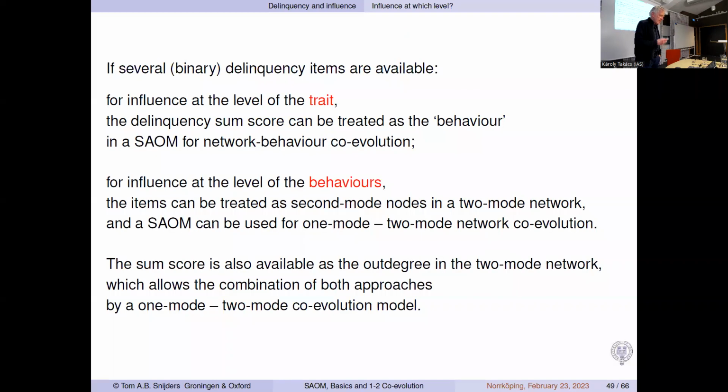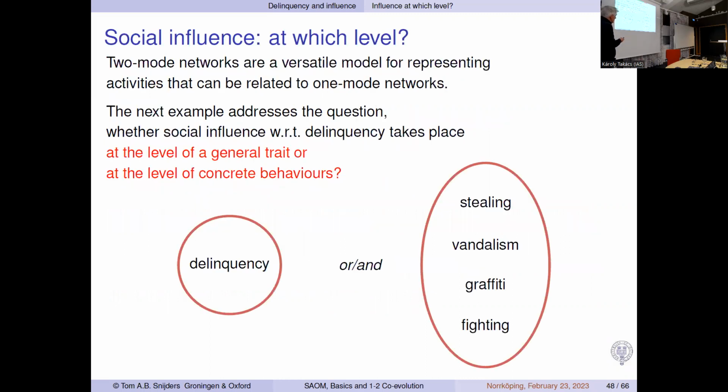That can be studied by a one-mode, two-mode co-evolution, because in the two-mode network you can have these four, so it's a two-mode network with 4 nodes in the second mode.